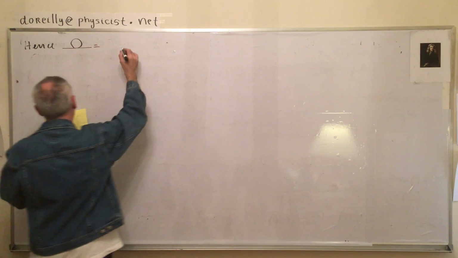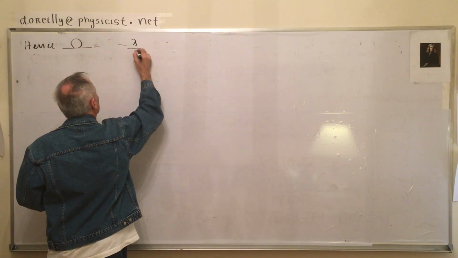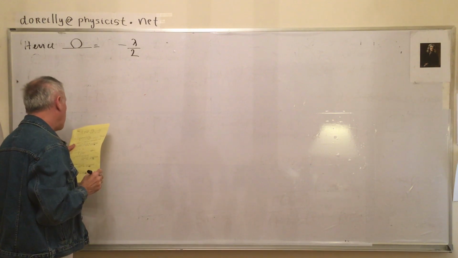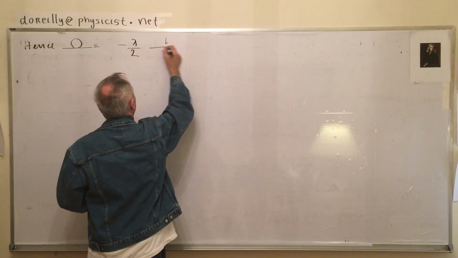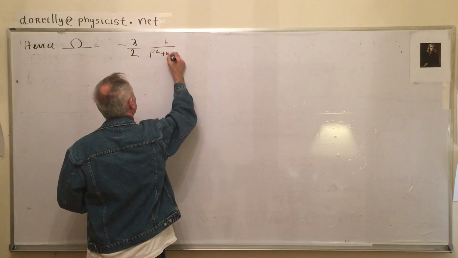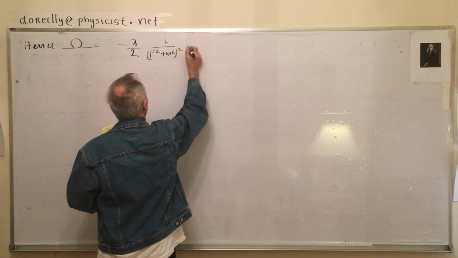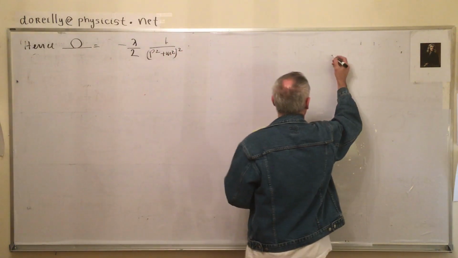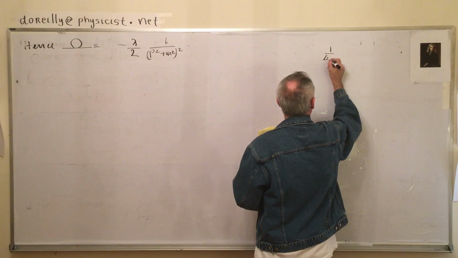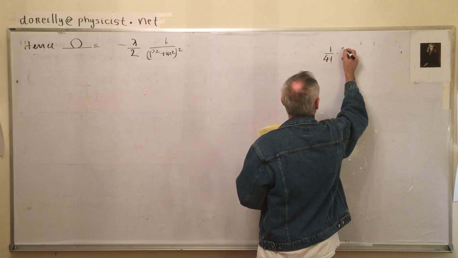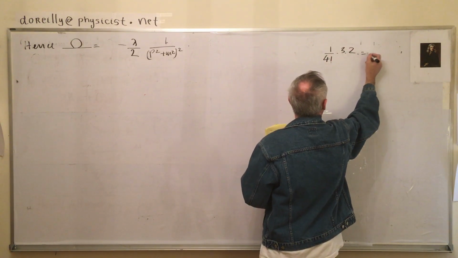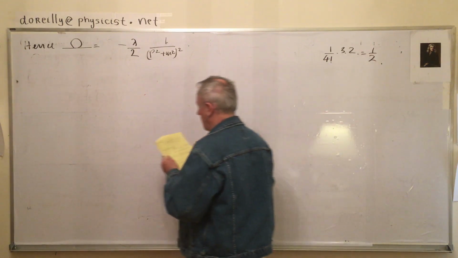Now this is the last thing we got before. That was the combinatoric factor. Combinatoric factor was something like that.